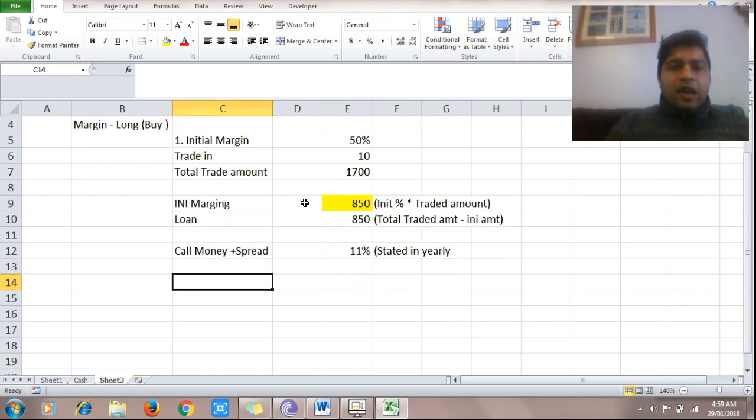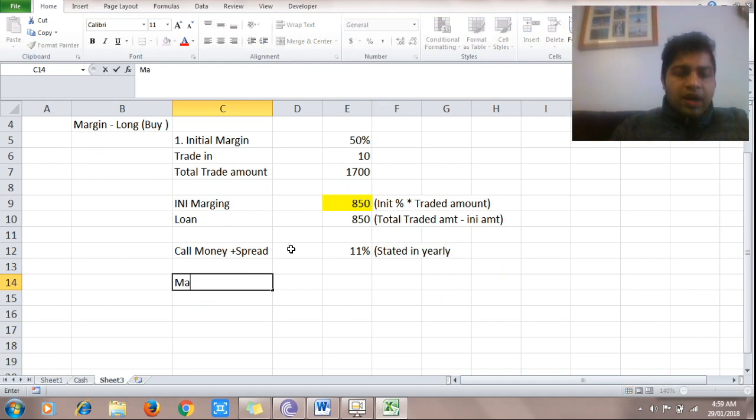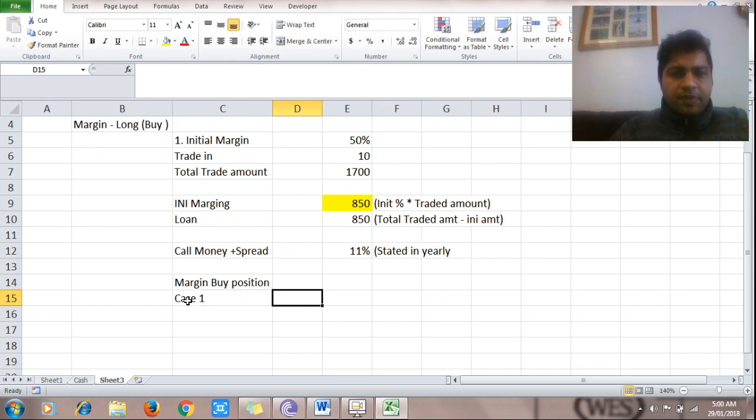Okay, now you paid 850, you borrowed 850, you got into a margin buy position. Let us take situations of what will happen if the stock price goes up and goes down.